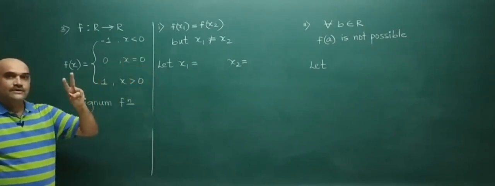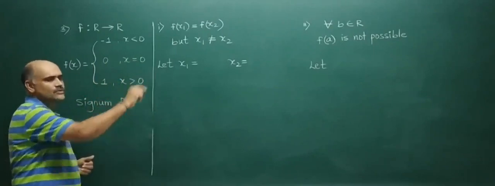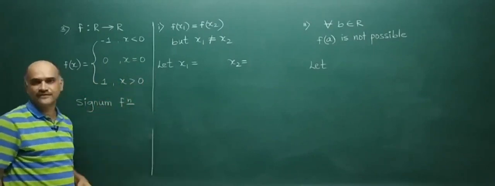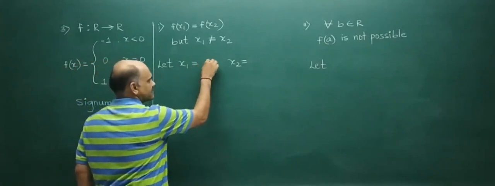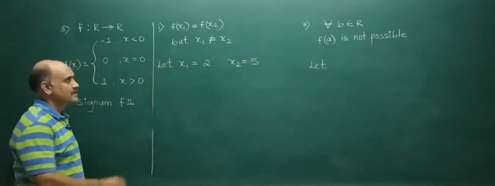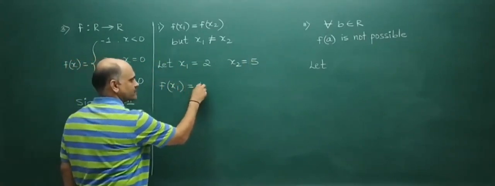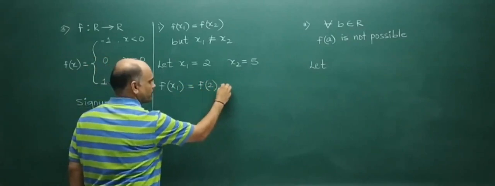So again you take two numbers. I will take any two different numbers greater than 0. So I will take x1 is equal to 2, x2 is equal to 5. So f of x1 means f of 2.